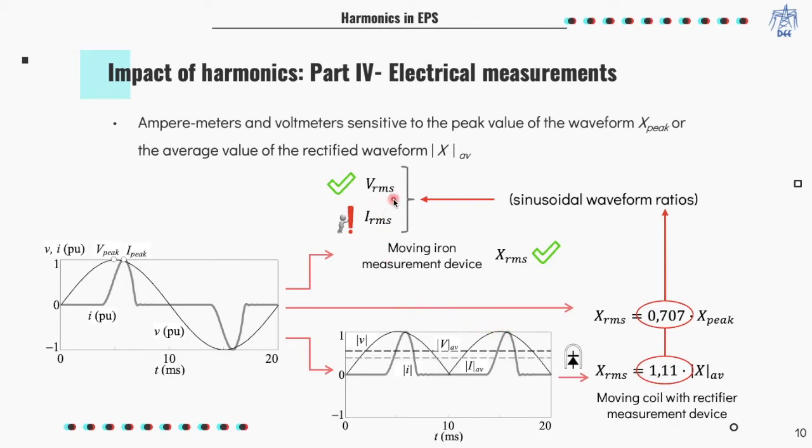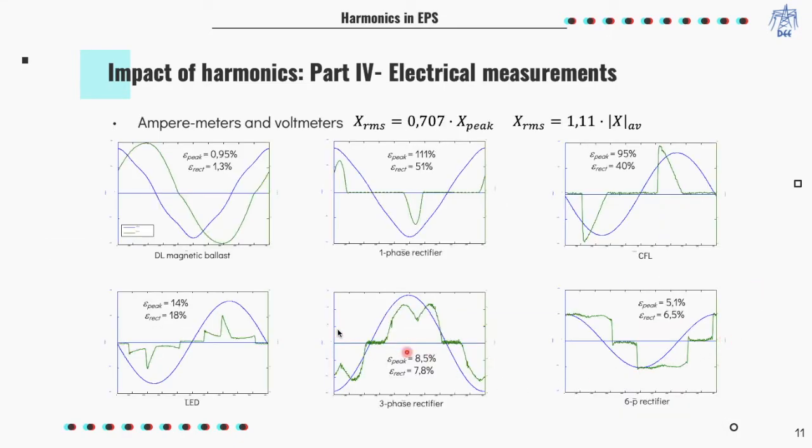This means that the measurements of the root mean square value of sinusoidal waveforms, such as voltage, will be correct, but this is not true for the non-sinusoidal waveform such as the current in the plot, because the previous factors will be different. In the example shown below, we can see the error found in the current root mean square values when measured with ammeters sensitive to the peak value or the DC value from the rectified waveforms.